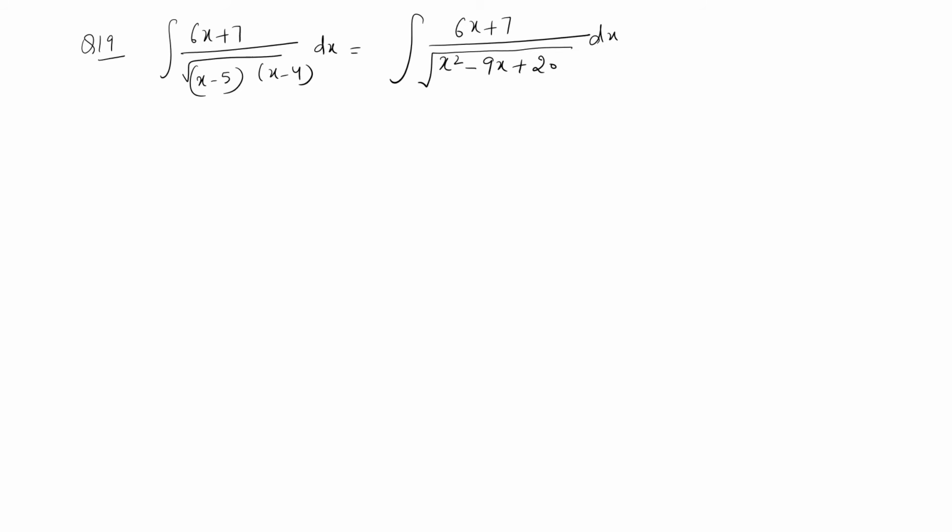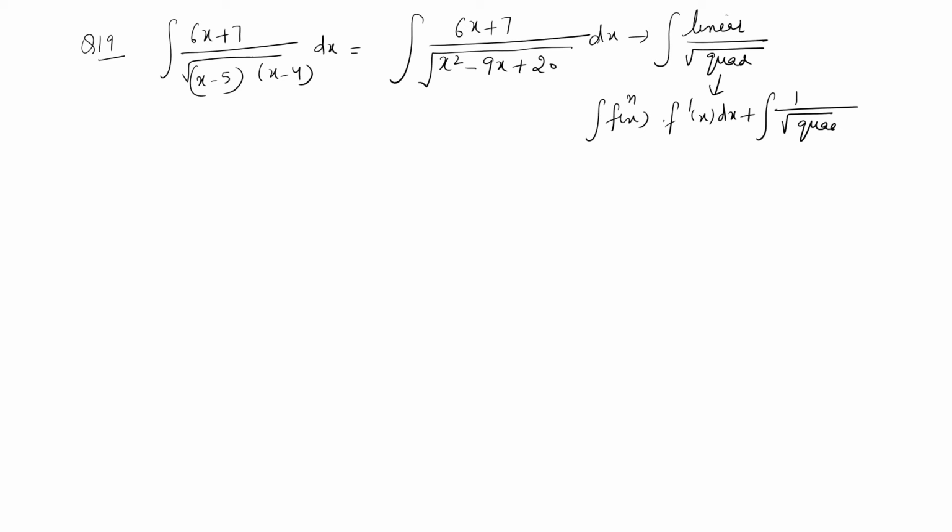I told you that linear upon under root quadratic will change to two forms, that is fx raised to power n into f dash x dx plus 1 upon under root quadratic dx.